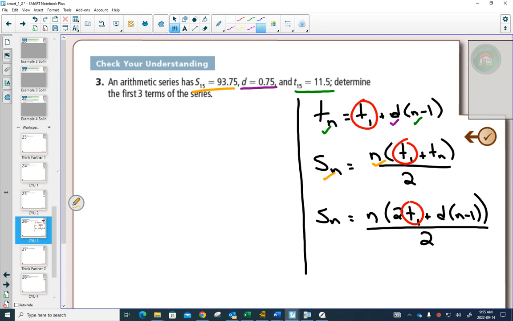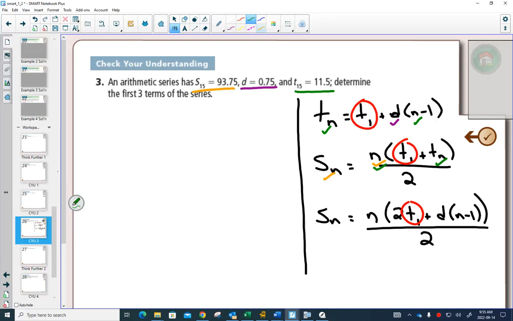Do we know term 15? Yes, I already underlined that in green. And that 15 matches with the N. Can you see that this formula wouldn't work if you knew S15 but term 14? Because the N's wouldn't match up in the formula. But in this case, when N is 15, I can use term 15 and sum 15.